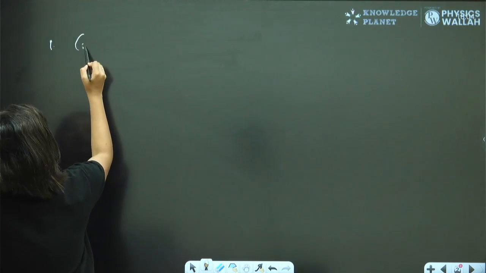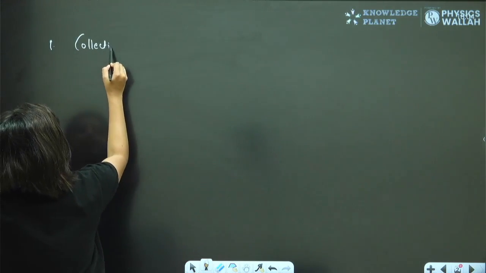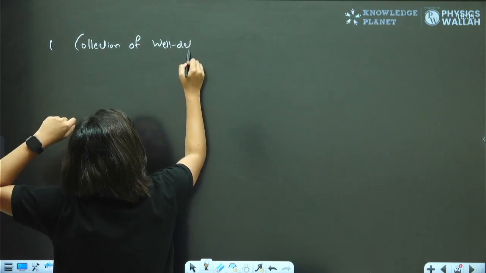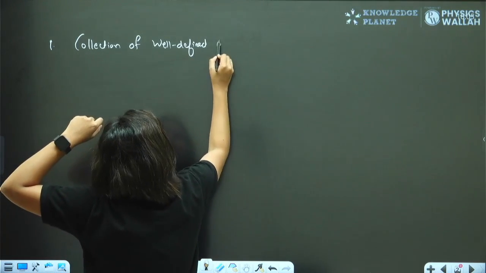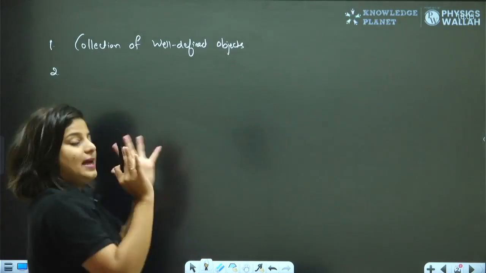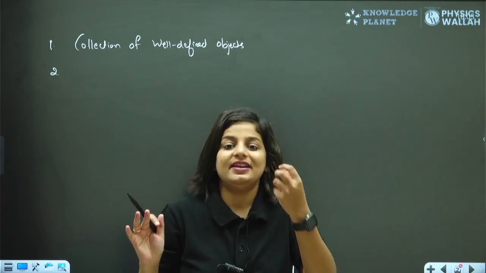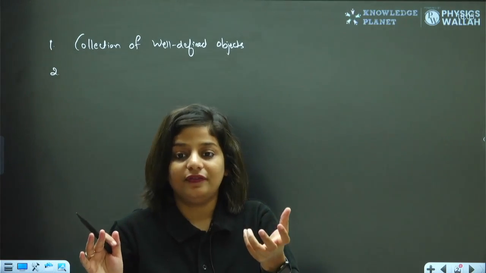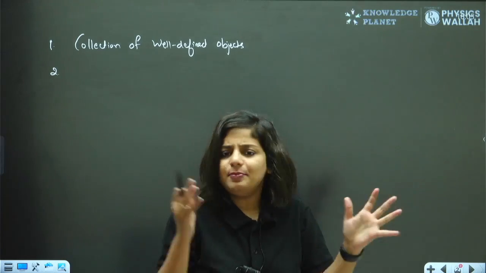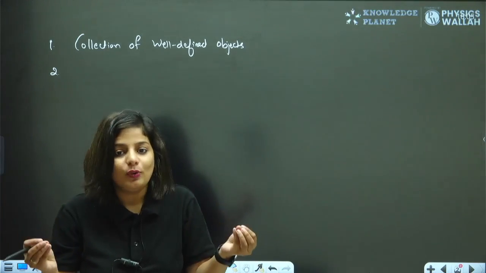It is a collection of well-defined, well-distinguishable objects. That means you're able to clearly separate the objects. For example, if I say top 5 favorite batsmen, everybody will have a different answer, so it's not well distinguished.